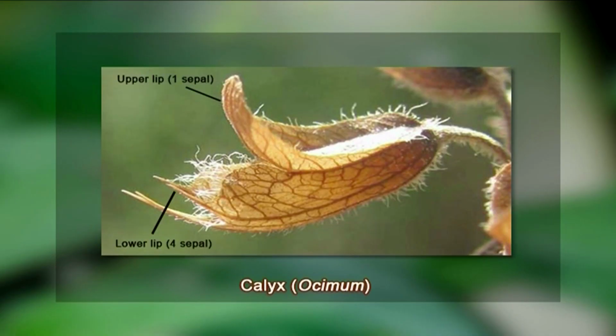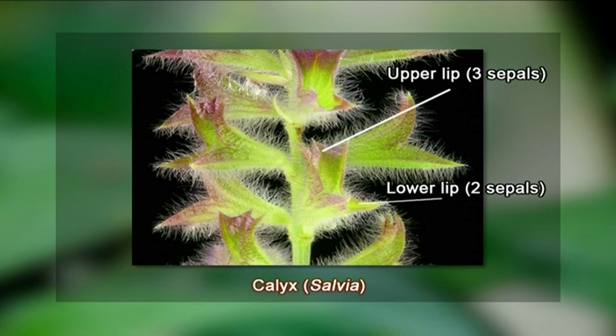They can be in different arrangements. They can be 1 by 4, that means 1 lip by 1 sepal and the second lip by 4 sepals. The example is ocimum. Or they can have the arrangement called 3 by 2. Example is salvia.